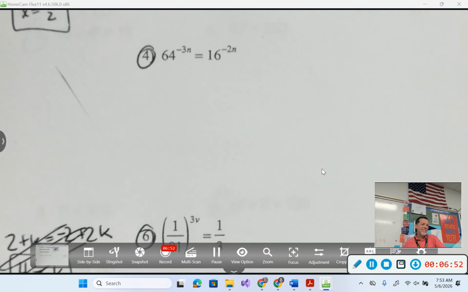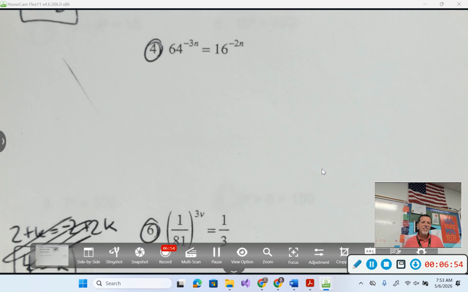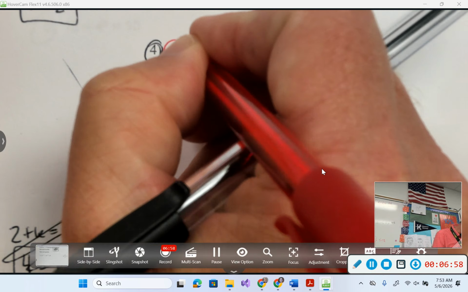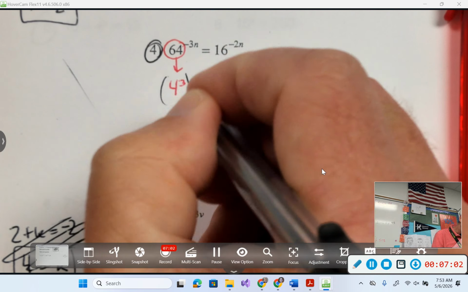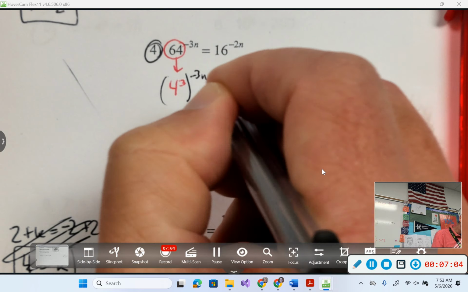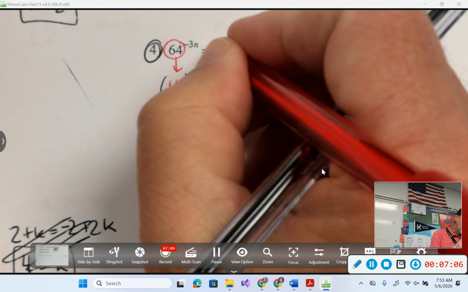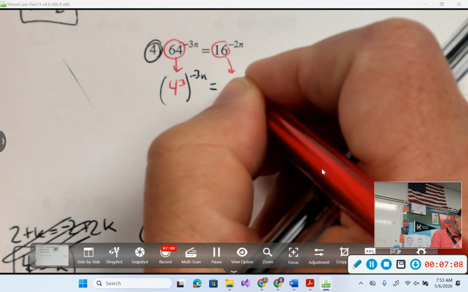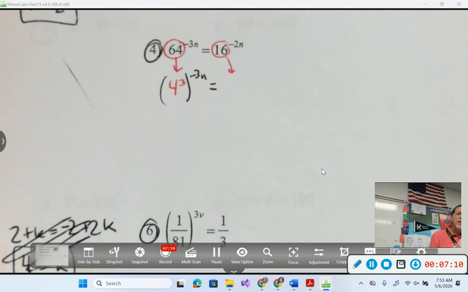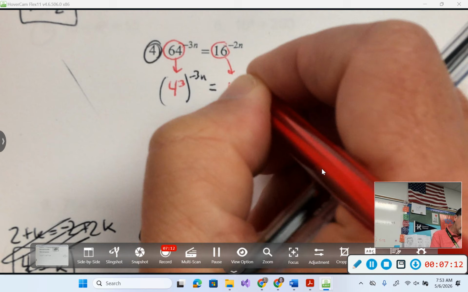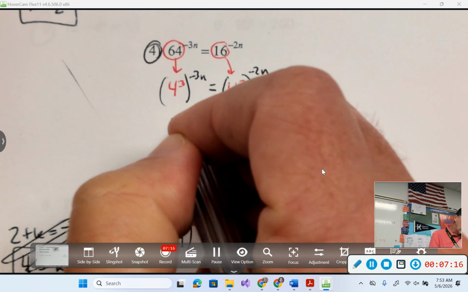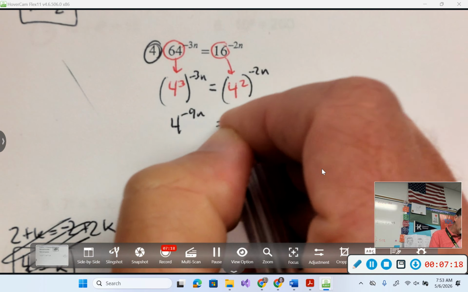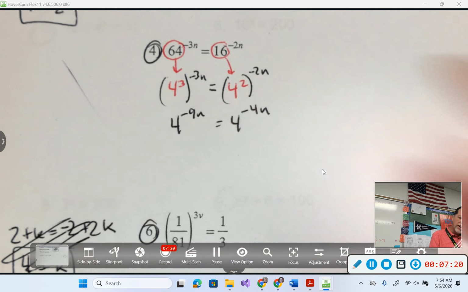Eyeball test it. Number 4. Emery, how can I rewrite 64? 4 cubed. Ben, how can I rewrite 16? 4 squared. So 4 to the negative 9n equals 4 to the negative 4n.